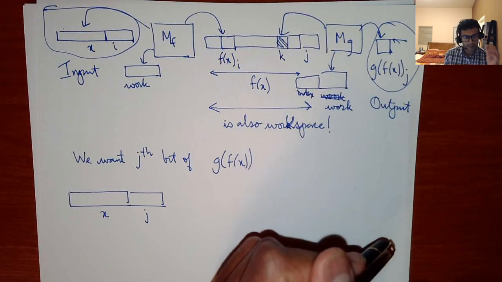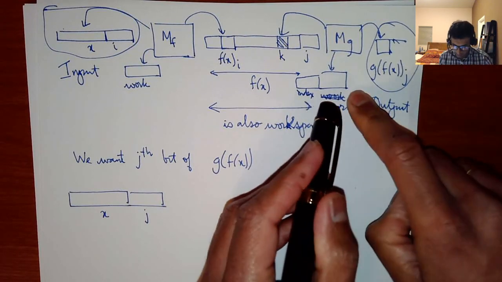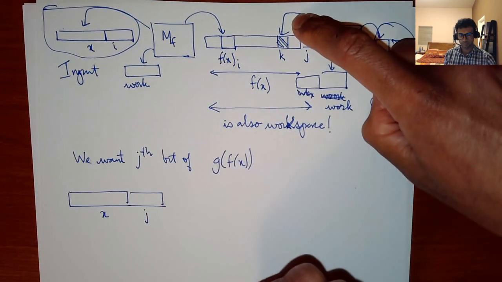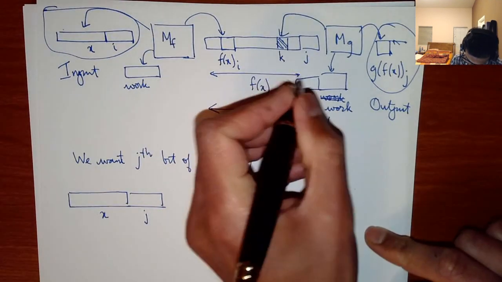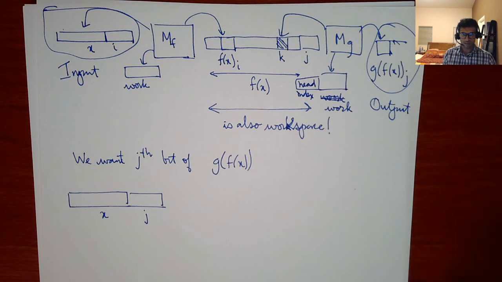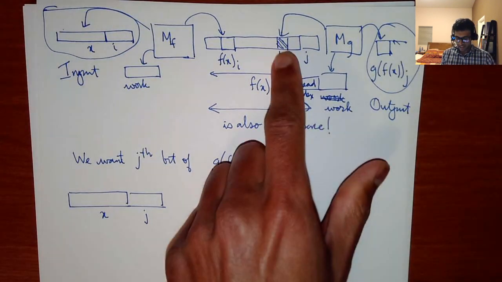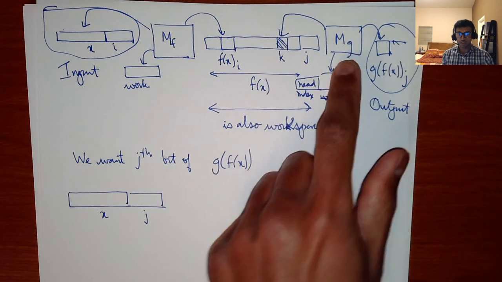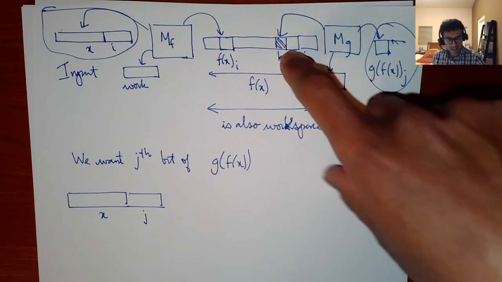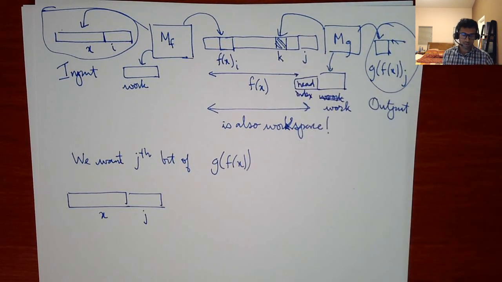At any point, the workspace is going to store the index of where this head is. So this is the head index, and MG stores the head index. To get the character there, MG runs MF with x on the head index, gets the character, and makes the transition, in which case the head is going to move left or right. So the head is now going to go to k minus 1 or k plus 1. So it updates the head index, and then it proceeds in this manner.